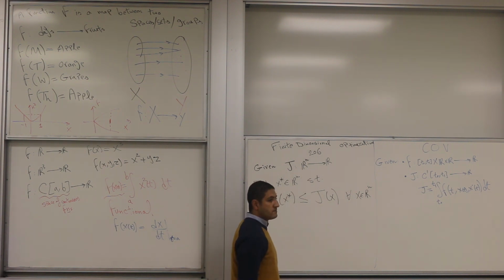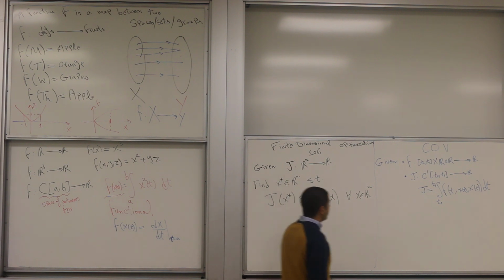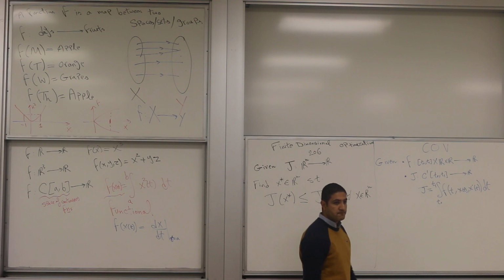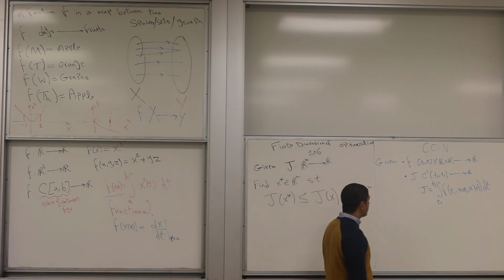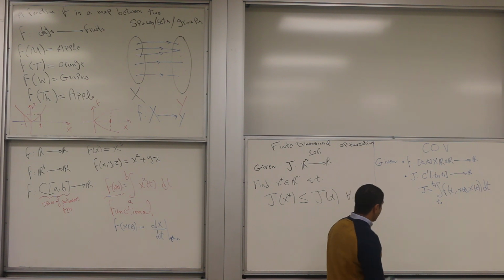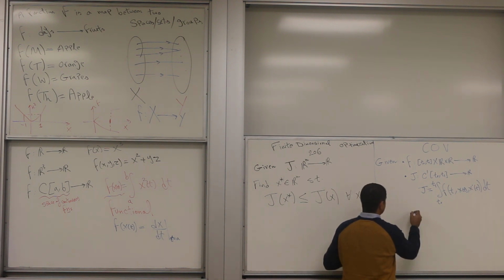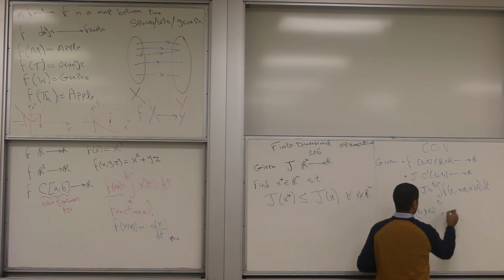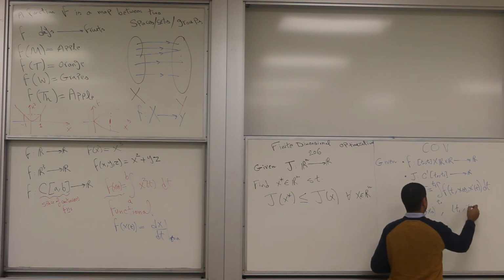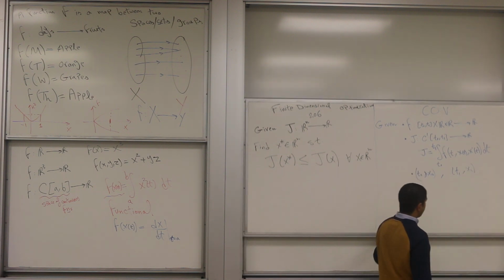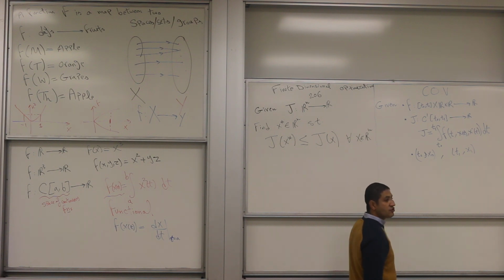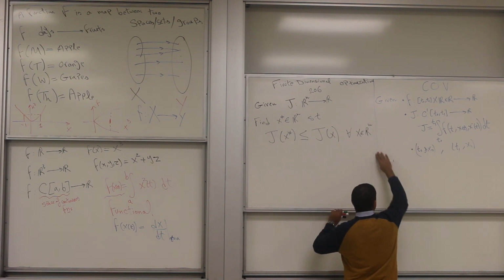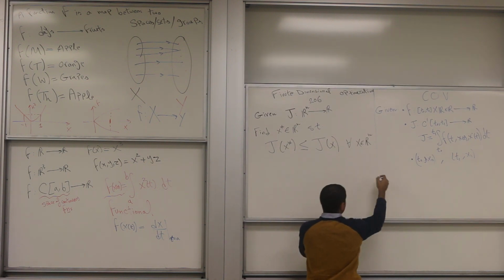So we're given all this. We're given the function, and we're given the functional. We're also given 2 points, t naught, x naught, and t1, x1. So what is the description of the problem? I'm given all this, and it's exactly the same.